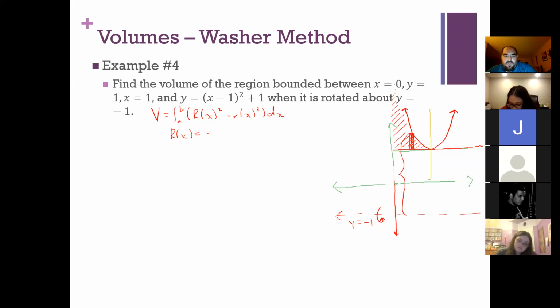When you say that function, which one do you mean? The (x minus 1) squared plus 1. Yeah, it would be, and I'm going to write it like this for now to explain why. Basically (x minus 1) squared plus 1 gives you the outer boundary, and then we're subtracting -1, because you're 1 more unit away since my axis of rotation is further away. It's below the x-axis. So re-express this and simplify: (x minus 1) squared plus 2.